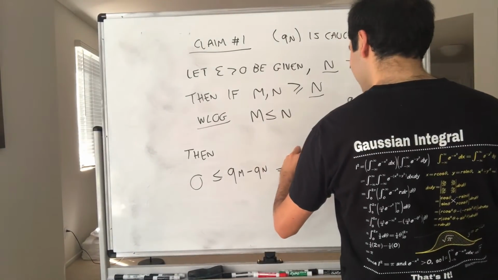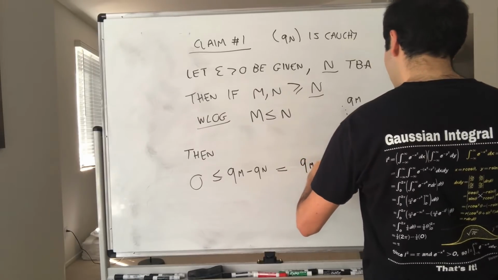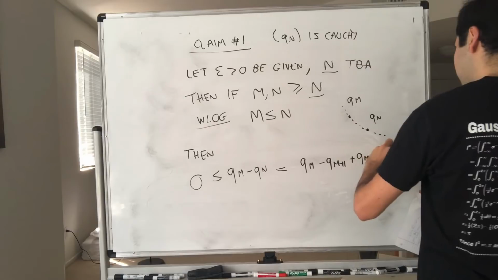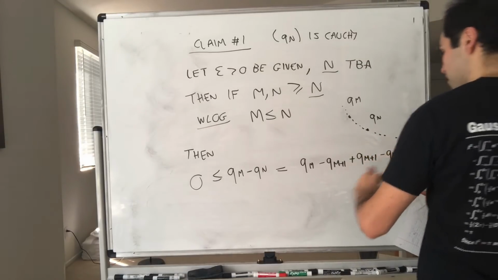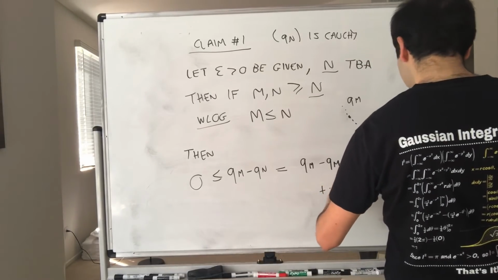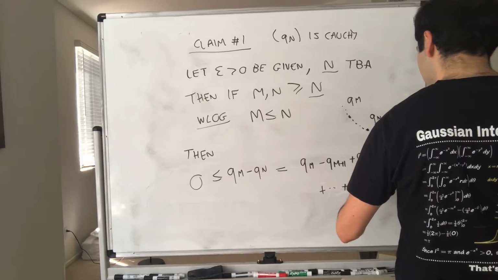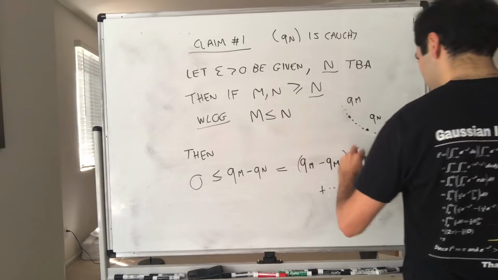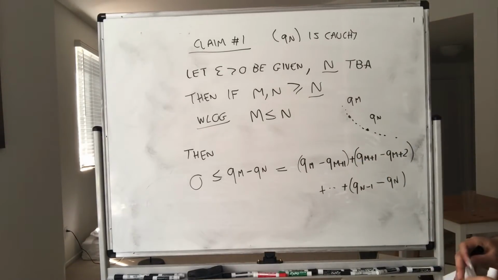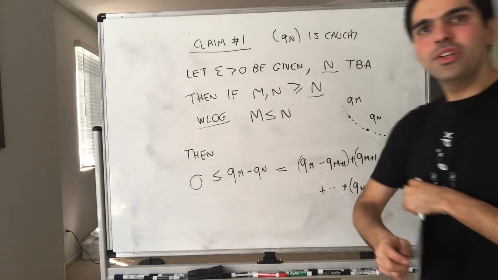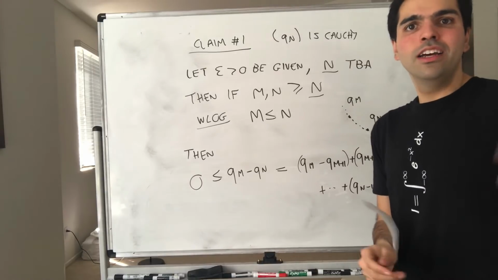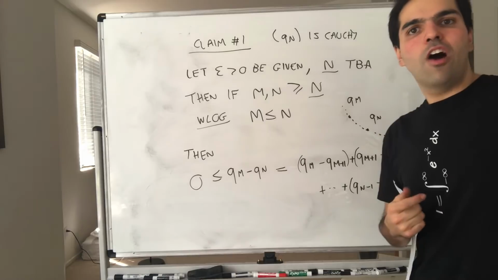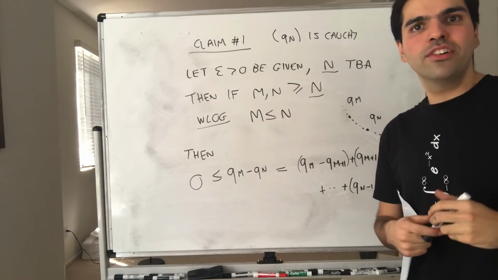So this becomes Qm minus Qm plus 1, plus Qm plus 1 minus Qm plus 2, plus ... plus Qn minus 1, minus Qn. Now remember the definition of Q0 and Q1. Q0 is the optimal integer, Q1 is the optimal fraction with denominator 2.